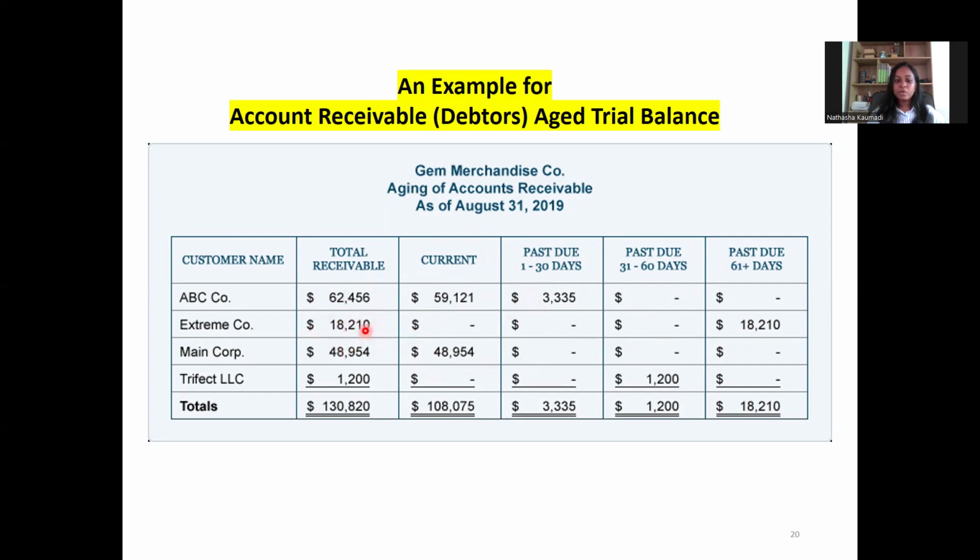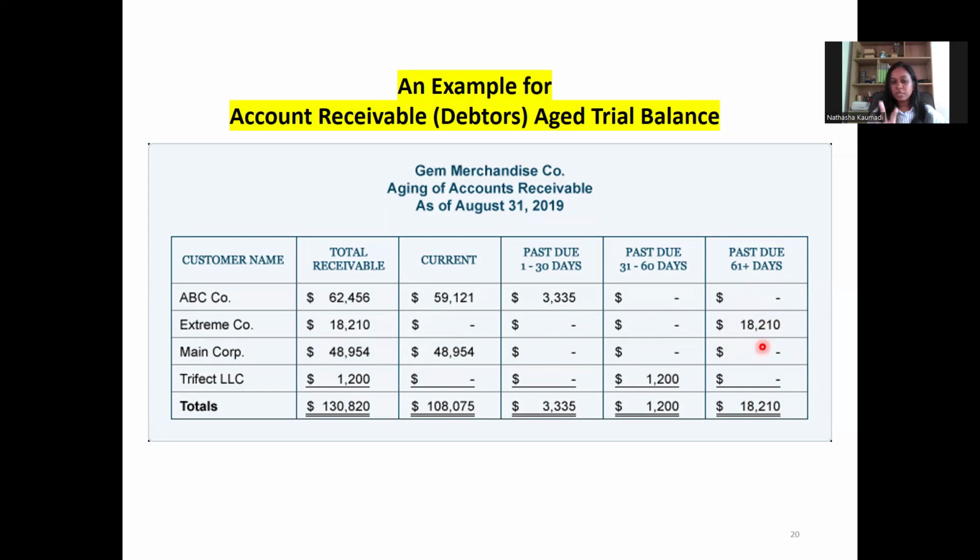Here, 18,000 by Extreme company is more than 3 months, more than 61 days old now. Is there a high chance of not being able to collect this amount, or is it okay? There's a high chance this balance will not be collected. That is why we provide for allowance for doubtful debts in these situations.